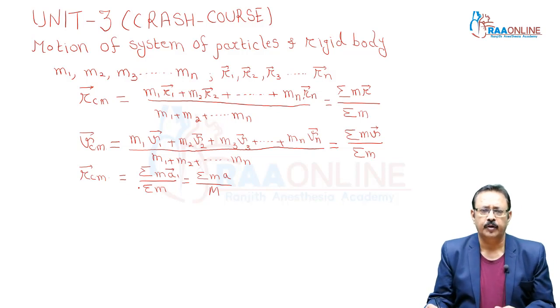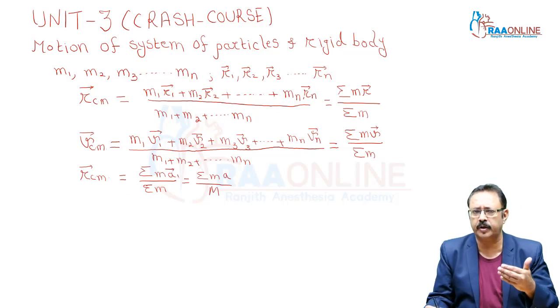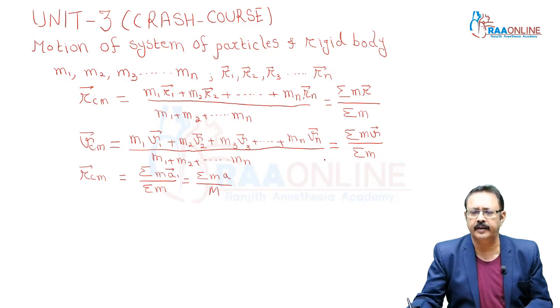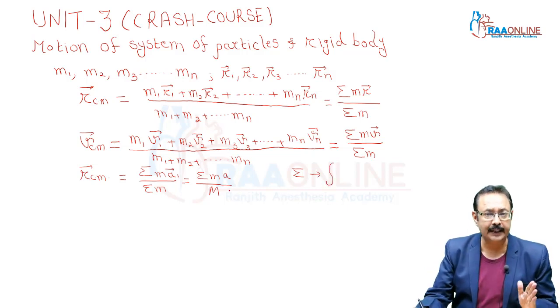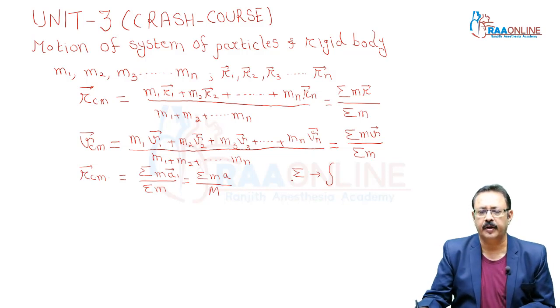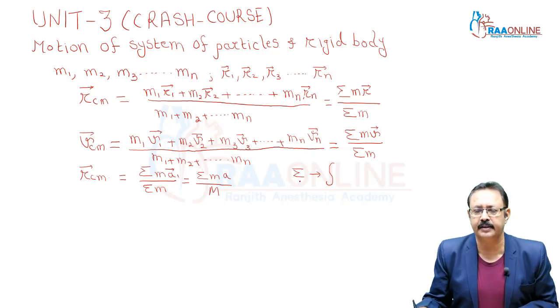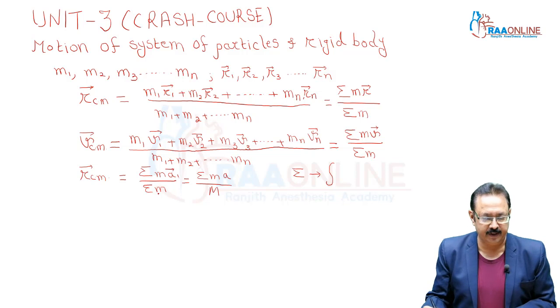If you have a continuous distribution of mass, then replace your sign of sigma with the sign of integration. For continuous distribution, you can do this, replace sigma by the sign of integration. So, not a tough task.